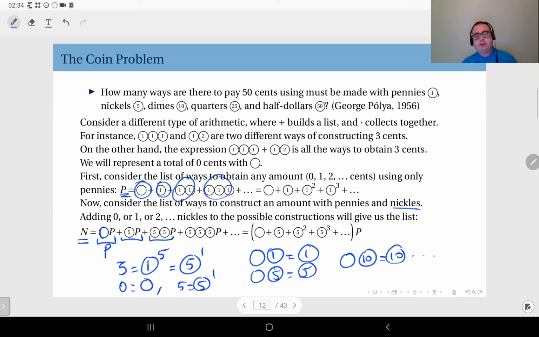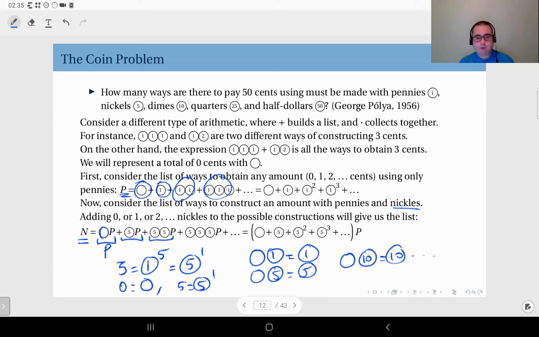Okay, but still, you see now 13 has more than one way to be constructed. If you allow only pennies, that's only one way, just 13 pennies, no alternative. But if you allow nickels also, you have 13 pennies as one alternative, or you have 1 nickel and 8 pennies, second alternative, or you can have 2 nickels and 3 pennies. That's the third alternative.